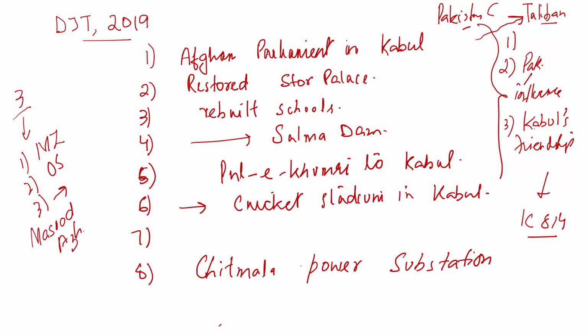Masood Azhar, when he was released, later founded a terrorist organization called Jaish-e-Mohammed, which was responsible for the parliament attack, the Pathankot attack, the Uri attack, and the February 2019 attack in Pulwama. So that is why we need Kabul's friendship, which basically means the Taliban's friendship, if we have to secure our security.